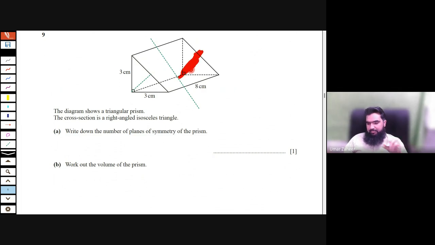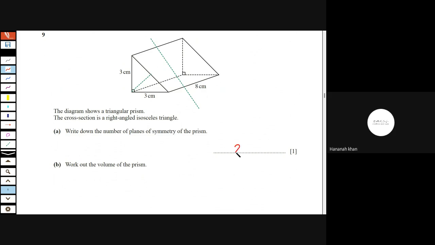It means you have an upper prism and a lower prism, and they are exactly the same, because this length is 3 and this is 3. It will be divided into two equal parts, and the length is exactly the same. So that is the second plane of symmetry. So how many planes of symmetry do we have? 2.